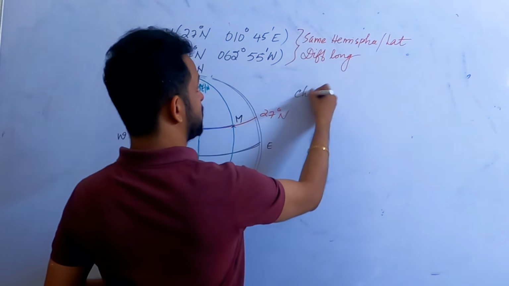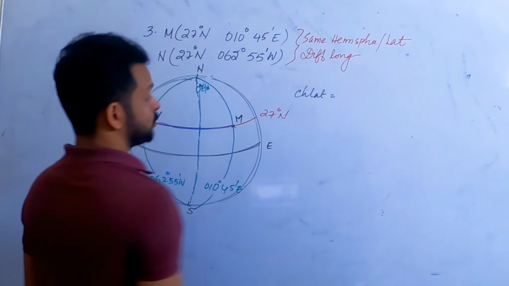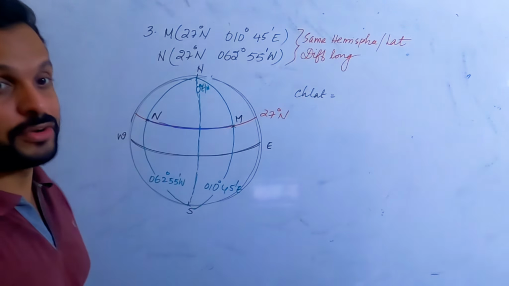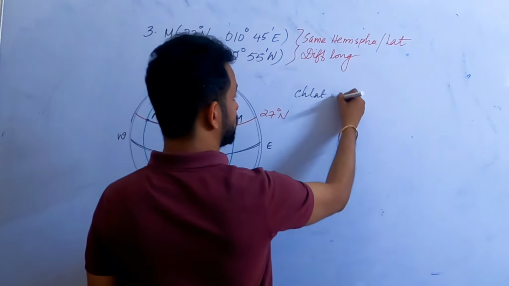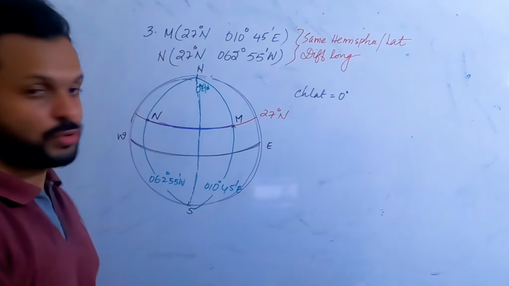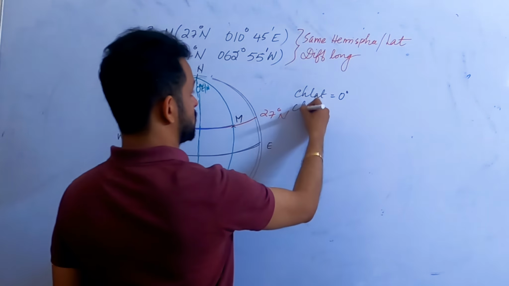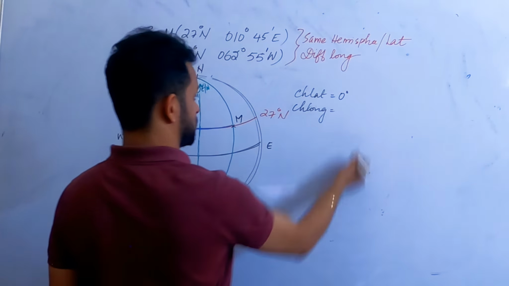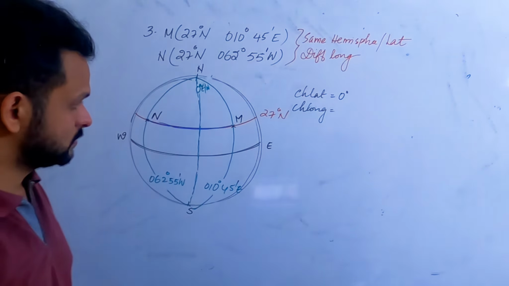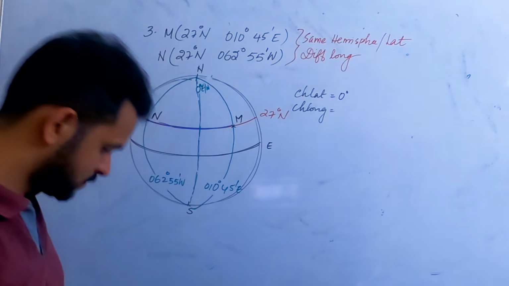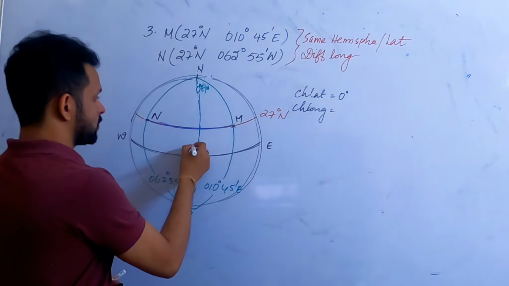Unlike the previous question, there is no change in latitude here. The change in latitude is 0; latitude is 27 degrees north. What about longitude? Since we are in different hemispheres, one eastern and one western, we'll add up the values.